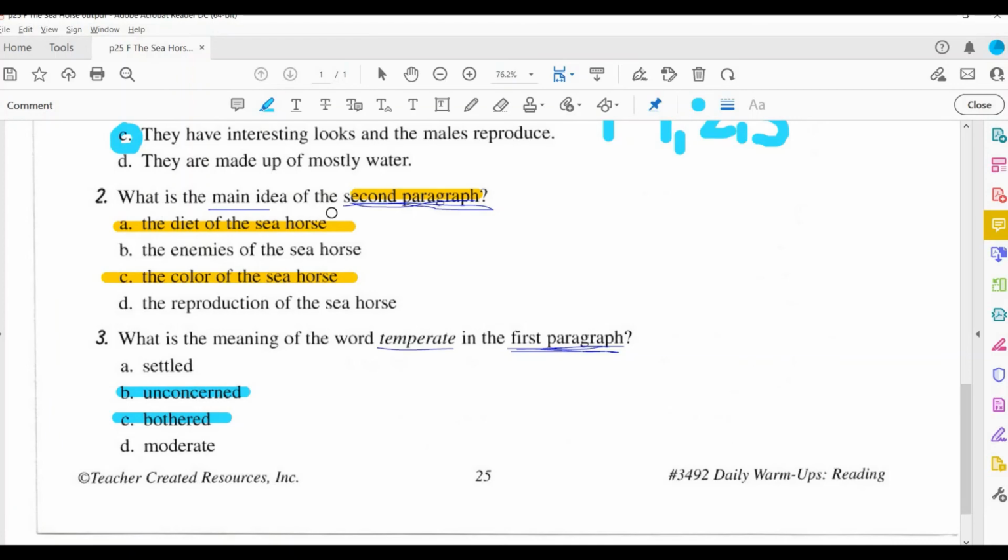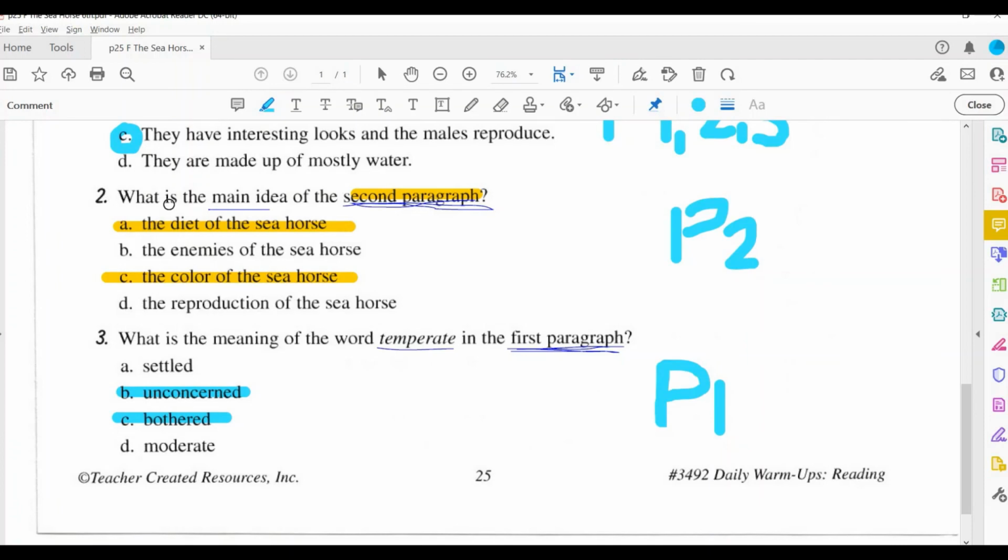Now we already know that for number 2 and 3, we're going to find our answer in paragraph 2 for number 2, because it's telling you in paragraph 2. And we know that for this one, we're going to find it in paragraph 1.